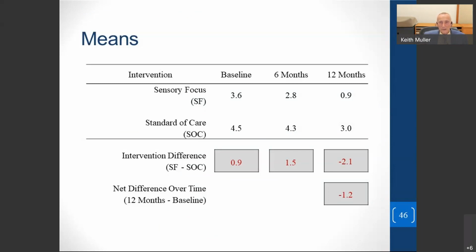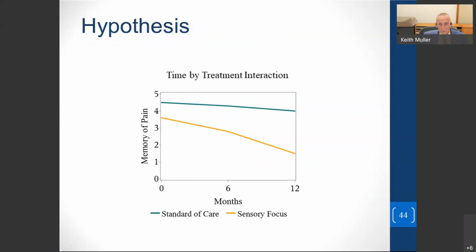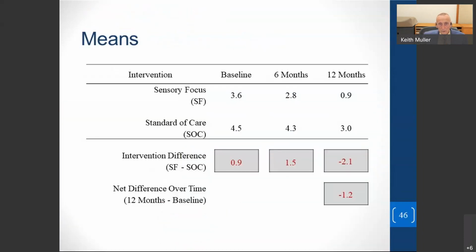Here we have the means that we're hypothesizing based upon a previous study that we cite in the slides, and these means correspond to the hypothesized picture on the previous slide. So this picture corresponds to this table of means.